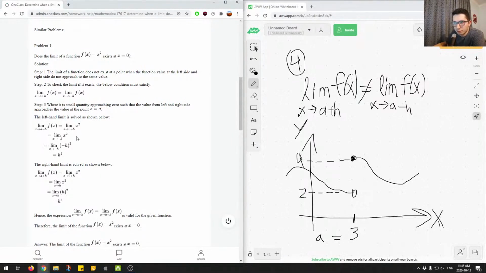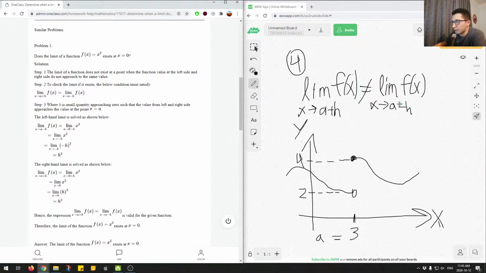They're taking the limit by first principles. So for the function x squared, we're trying to find the limit as x goes to 0. They substitute 0 in here, and they evaluate for negative h, and they end up with h squared for the right side.